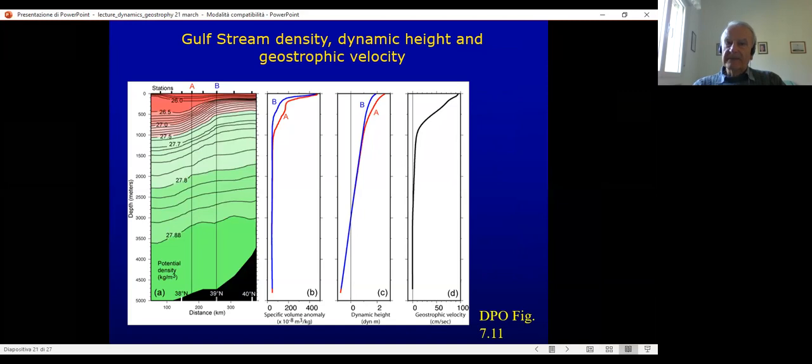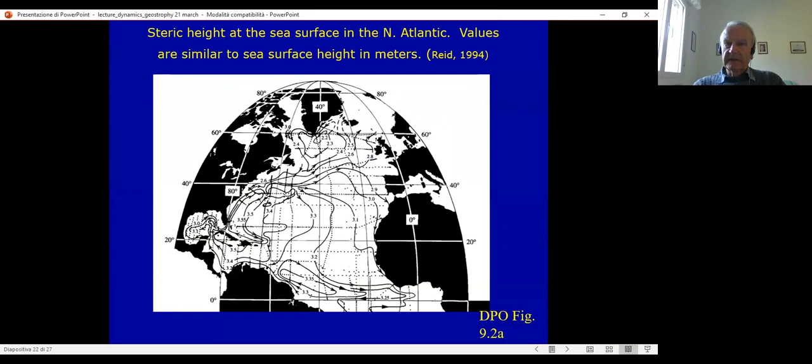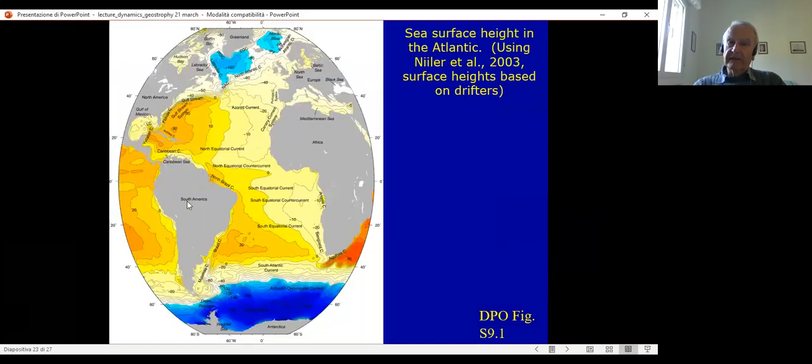Here is again the Gulf Stream. Here is, for example, the sea surface height in the Atlantic. These are obtained based on drifters. So what has been obtained? If you put this into the ocean, you can do the opposite operation.